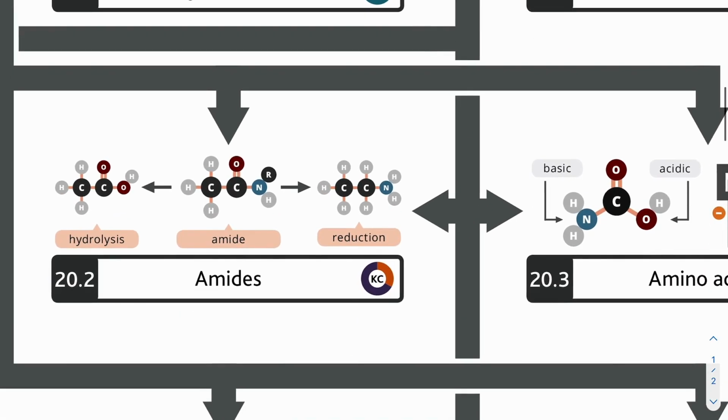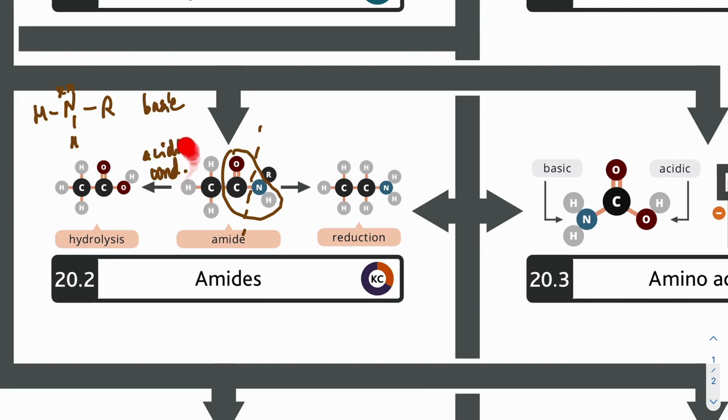Okay. When you talk about the amide chemistry, we talk about the C-N bond, and that is the bond that we are breaking. When we do hydrolysis, we get back the carboxylic acid, if and only if we are under acidic hydrolysis. But don't forget that the amine that you get is basic. So when you do it under acidic condition, the amine will protonate, because what's the definition of a base?